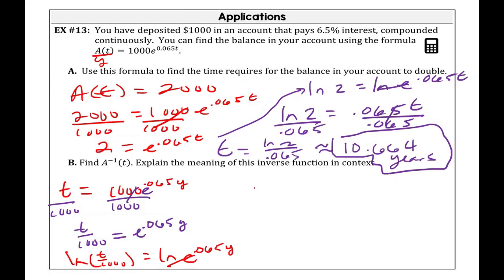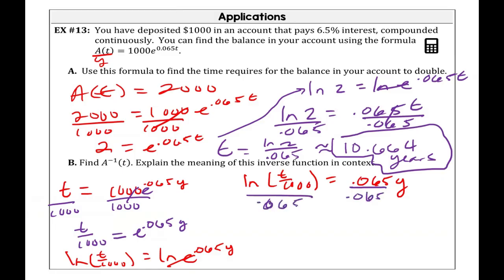And now we're going to be left with natural log of t over 1,000 equals 0.065y. Last step here to get y by itself is to divide by 0.065, divide by 0.065. Now that our y is by itself, this is our inverse.